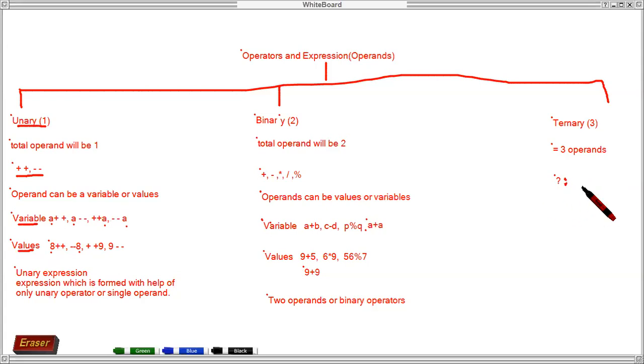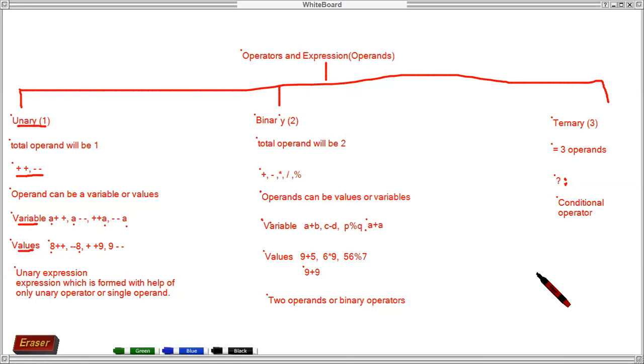Question mark and colon. This type of expression is also termed as the conditional operator. I'm writing it in the next line, conditional operator. So we have only one such type.